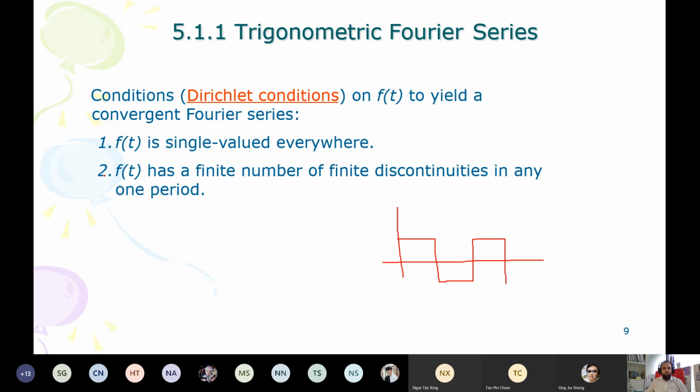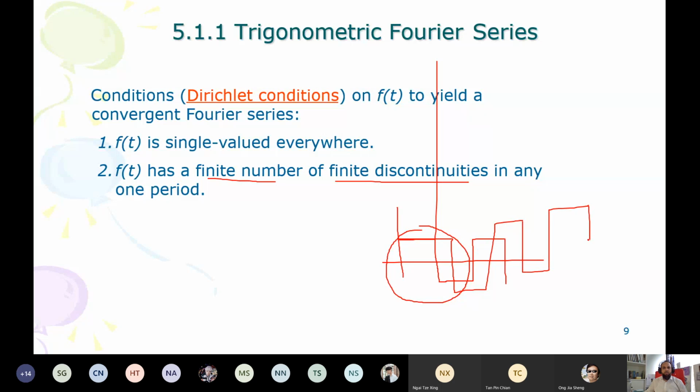So during one period, it may have a finite number of finite discontinuities, not infinite. It should be finite, going from one value to another value, but it cannot go to infinity like this, right?